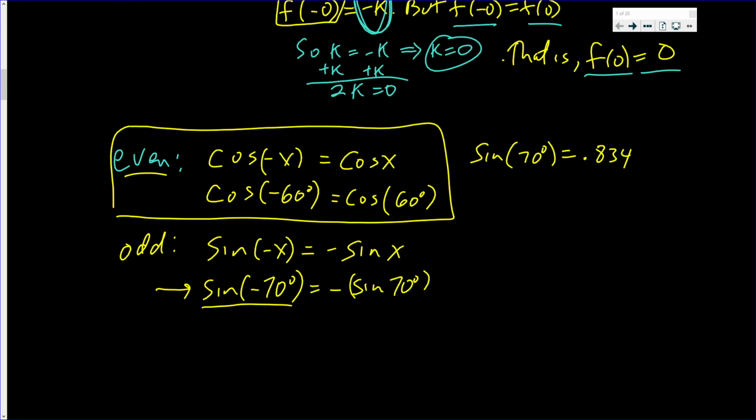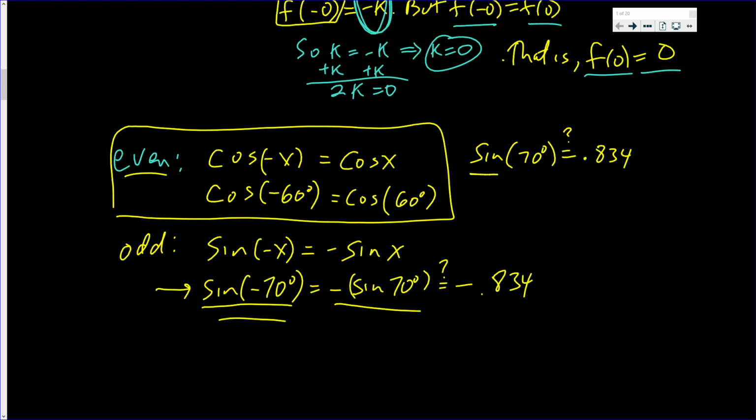Okay, so the sine of negative 70 will just be negative 0.834. There's no extra work. You don't have to type this or that into your calculator. Now, of course, I suspect that number is wrong. But you get my point.